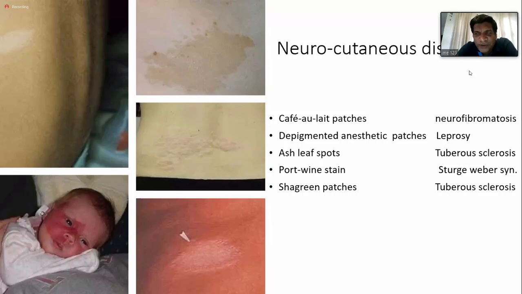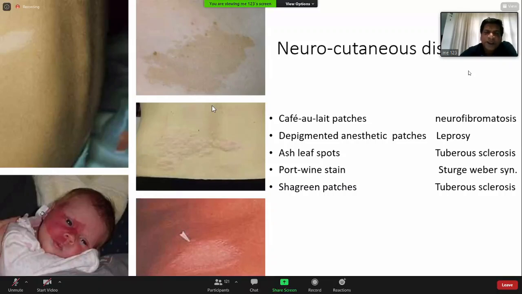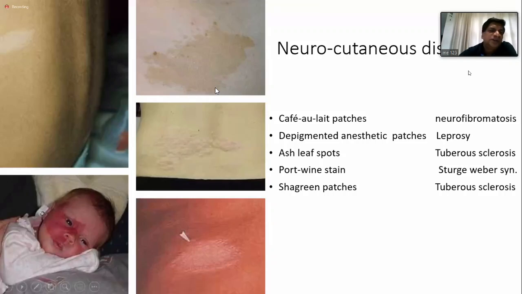No, sir. Right. You can have neurocutaneous disorders where there are some skin conditions which indicate an underlying neurological problem, right? Examples: one thing is café-au-lait patches.